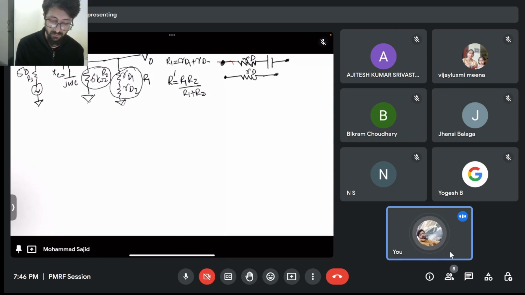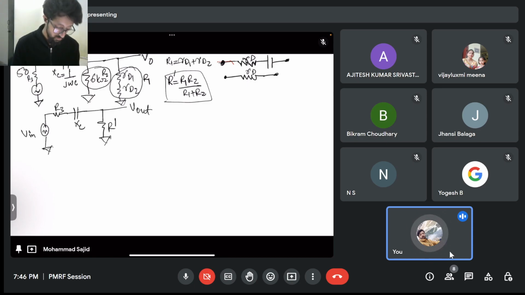And R2 is given. So we know R dash now, and our circuit becomes equivalent to R3, capacitor XC, and R dash. Now you have to find V output here. This is V in.